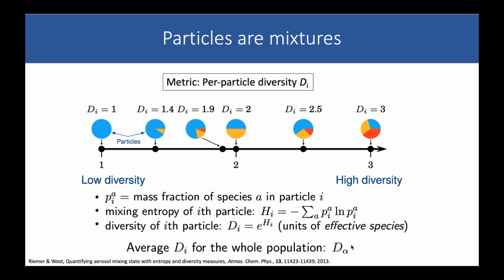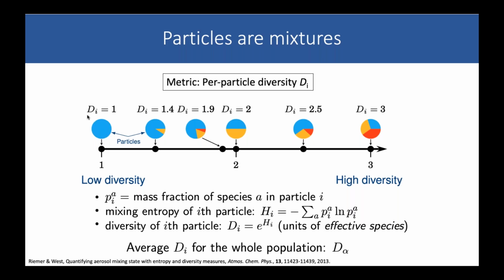It's written out here how we mathematically define it, but on a more visual basis, we define a diversity index that we can assign to each particle. The important thing to know here is it's based on the mass fractions of different chemical species in the different particles. A particle that consists of just one species would get assigned a diversity index of 1. That's pretty intuitive.